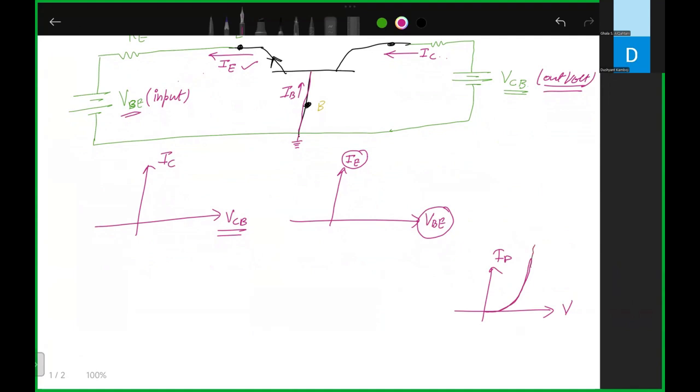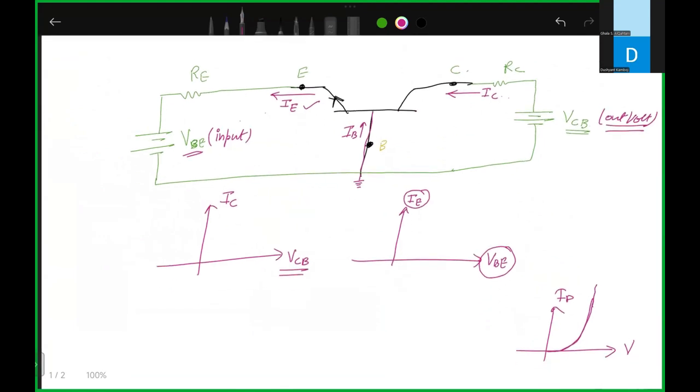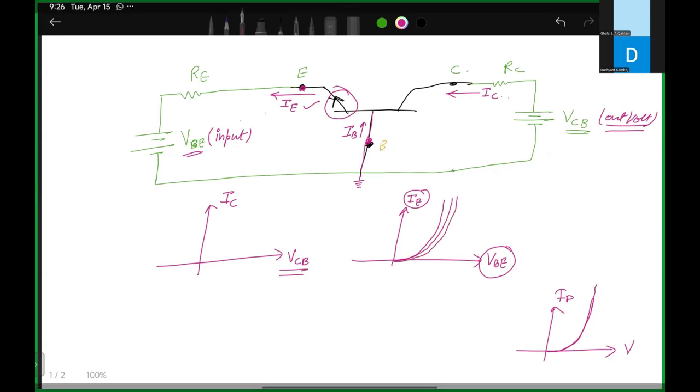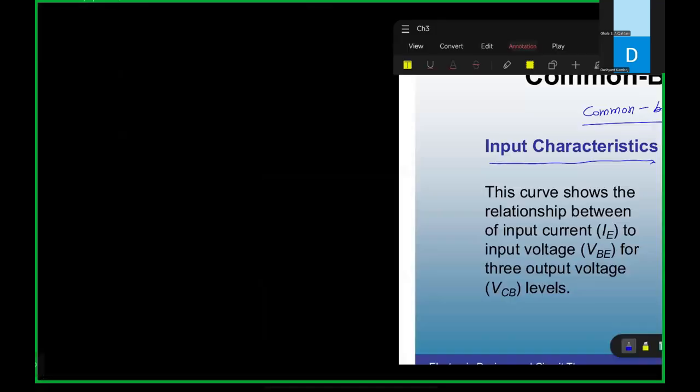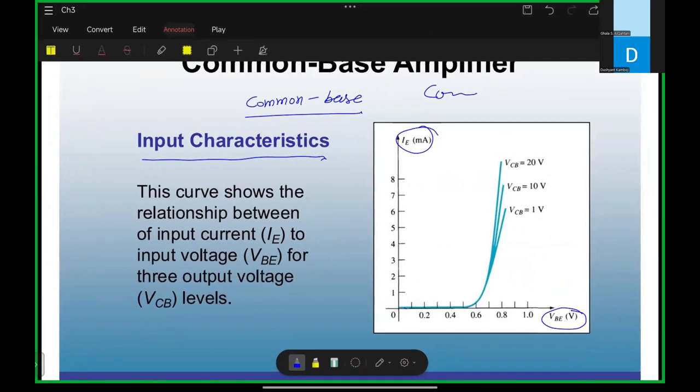This emitter base junction is forward bias. I already told you that in the active region your emitter base junction is forward bias and the collector base junction is reverse bias. So this PN junction is forward bias, and that's why these input characteristics look like this. These are the practical cases. So these are the input characteristics of a transistor, which is similar to the diode.